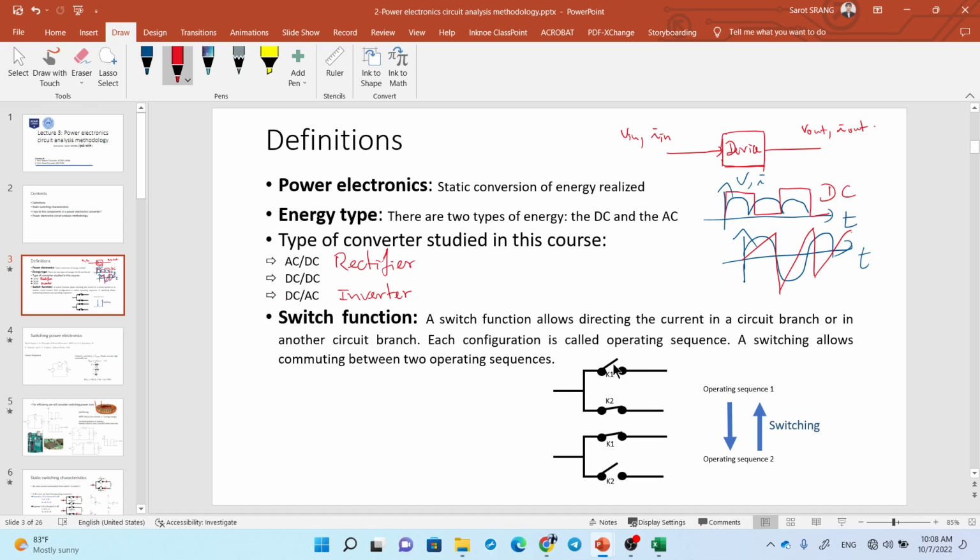One set of operation is called a sequence. You have sequence 1, you have sequence 2. In some period you operate from sequence 1 to sequence 2, and in some period from sequence 2 back to sequence 1. So a set of switches at a certain period is called an operating sequence.